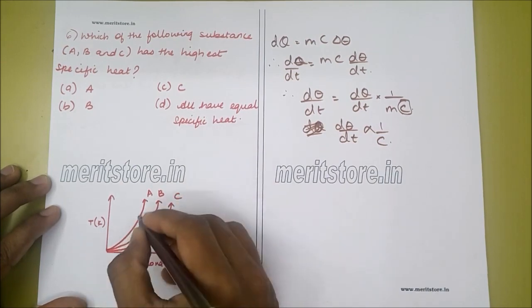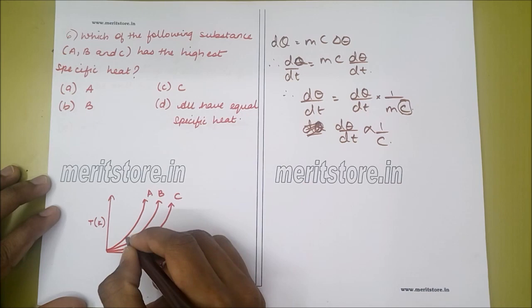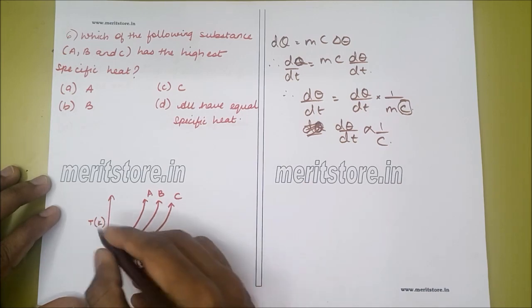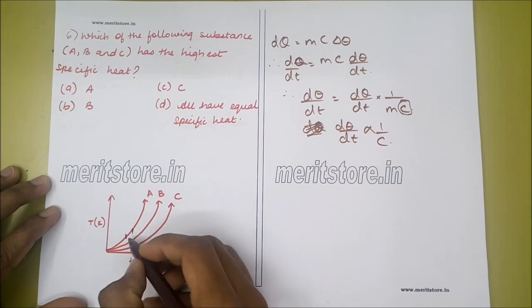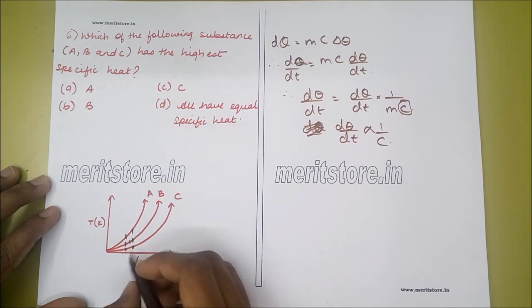So basically for graph A, as we can see, for a small change in time, the change in temperature is very large, and this keeps on decreasing as we go to graph B, and for graph C it is the least.